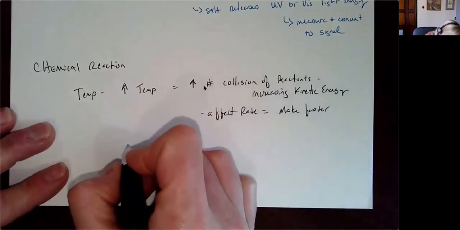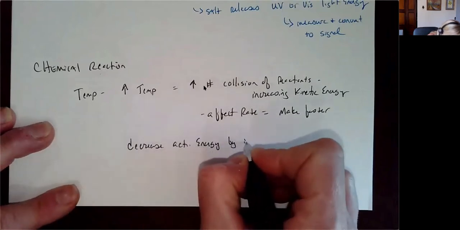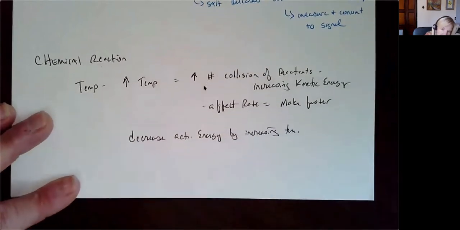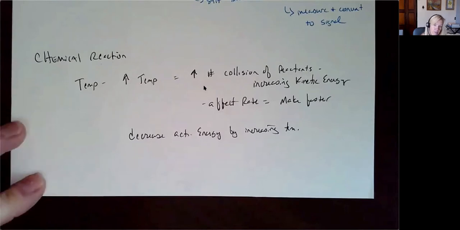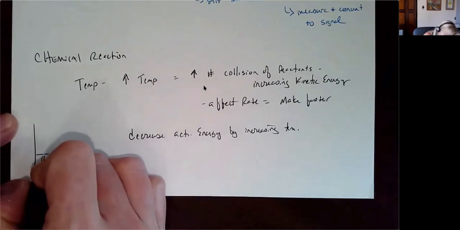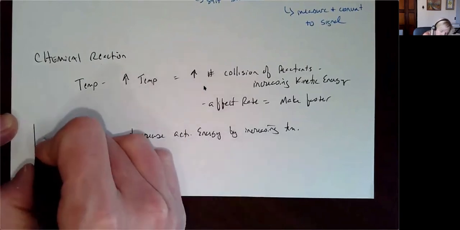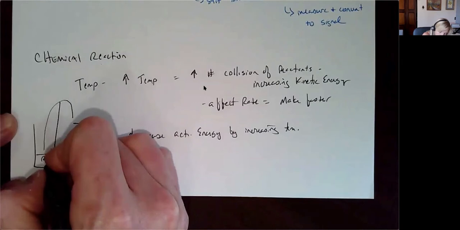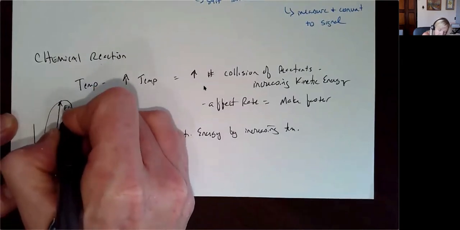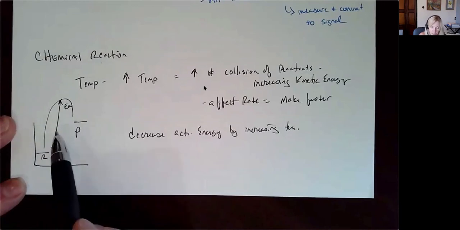I can also decrease my activation energy by increasing temperature. So that's that activation barrier that you have to overcome to get from reactants to products. So let's say I have an endothermic reaction. This is going to be my activation energy here. And anything that lowers this is also going to make this reaction go faster.